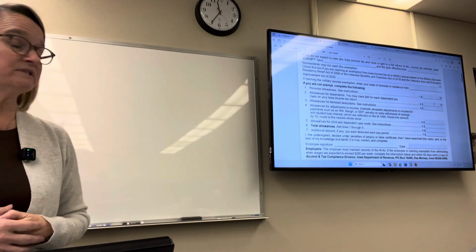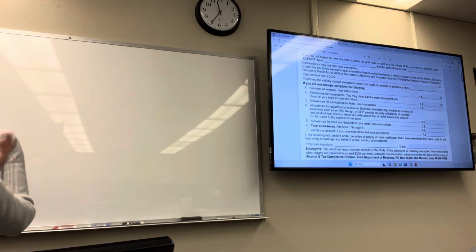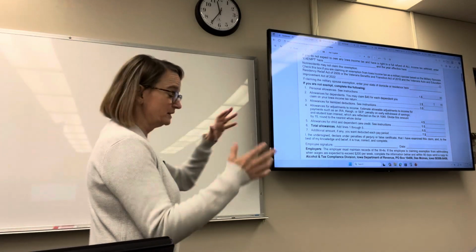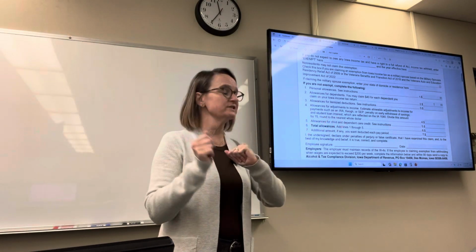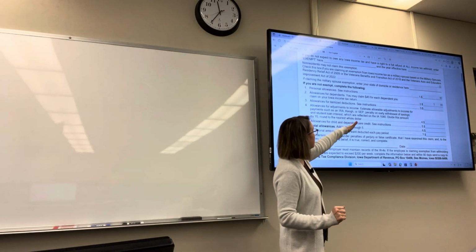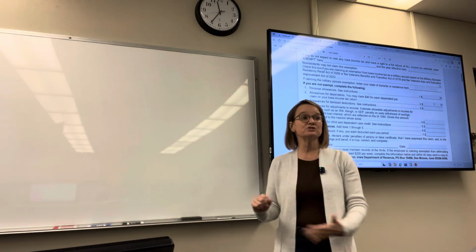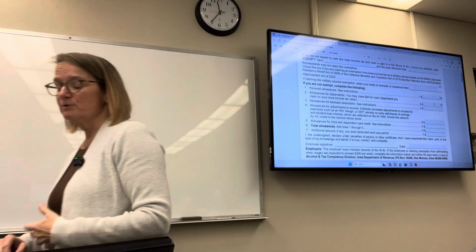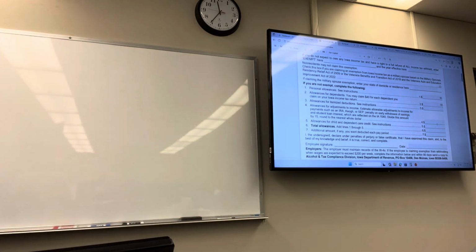These are things like retirement contributions that are made separate from your employer. So if you have your own IRA and you're contributing, it's going to end up on your Schedule 1 of your federal form, and that would be entered there. If you have any student loan interest that you get an adjustment for, that would be added there as well. And again, it's based on a dollar amount.